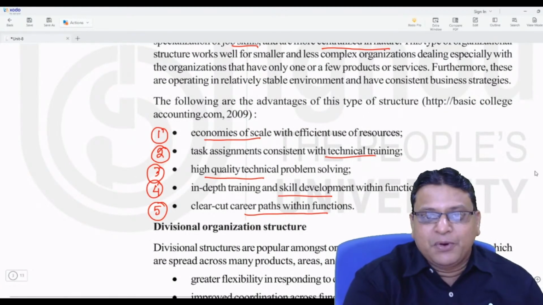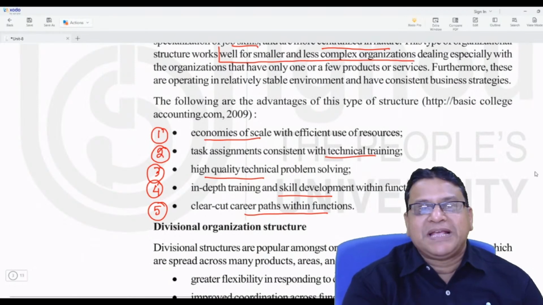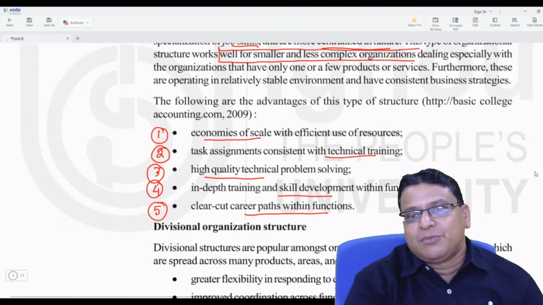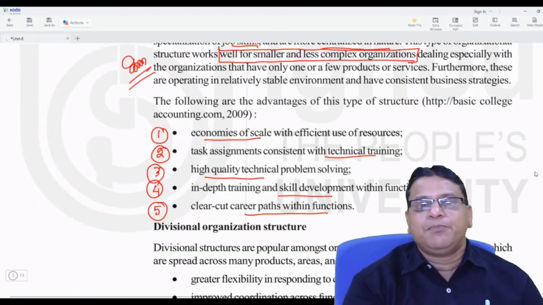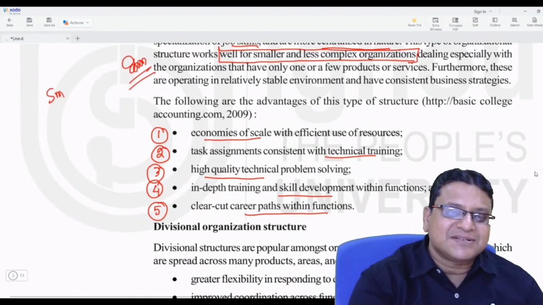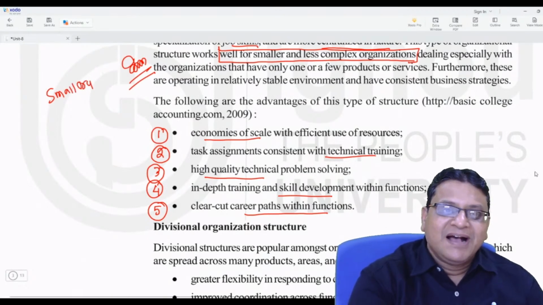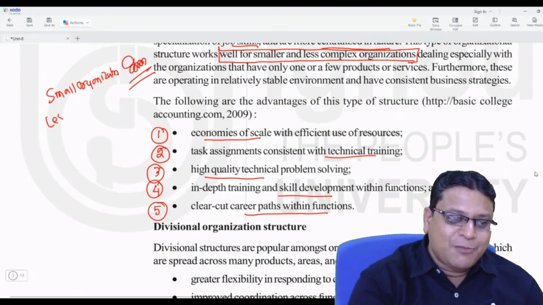So it is suitable for smaller and less complex organizations. This is the most important thing: the functional structure is suitable for small organizations, where production is less complex.